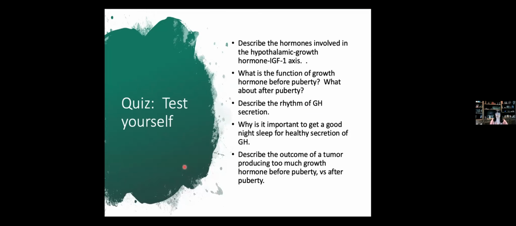So if I were to ask you to describe the hormones involved in the hypothalamic growth hormone IGF-1 axis, you talk about GHRH, you talk about somatostatin, growth hormone, IGF-1, it's negative feedback. Before puberty, it causes growth in long bones through IGF-1.